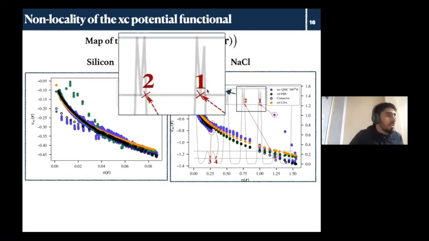If we look at where these points are, the point closer to the LDA is in a more gentle environment than the one in the extra branch. Here, this environment is really on the atom, and here we are outside.